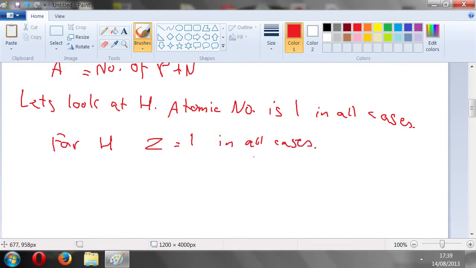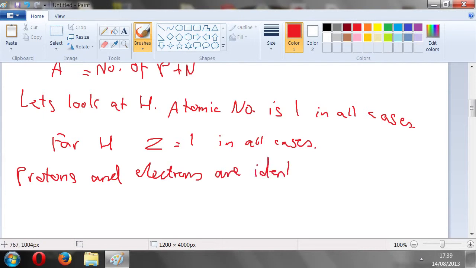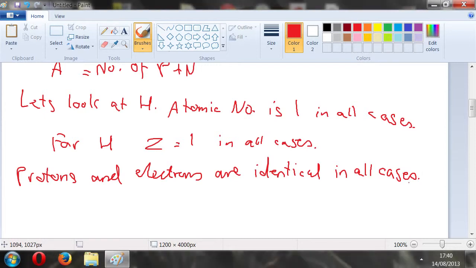And obviously, we also have to mention the protons and electrons are identical in all cases again, just to be clear on that.